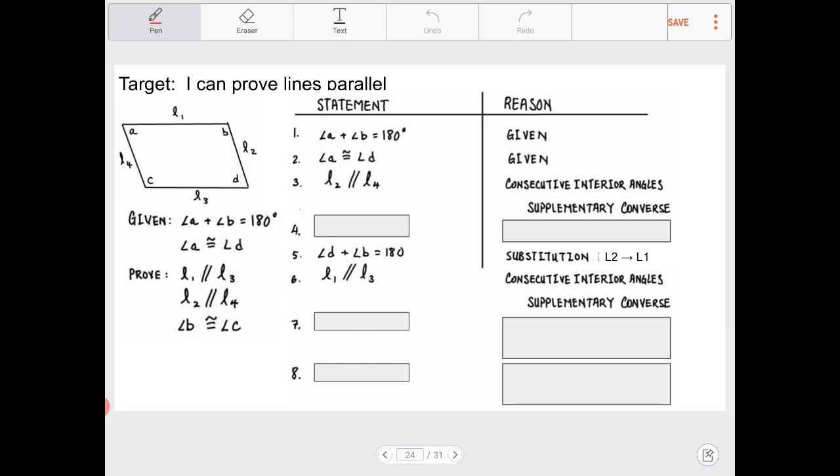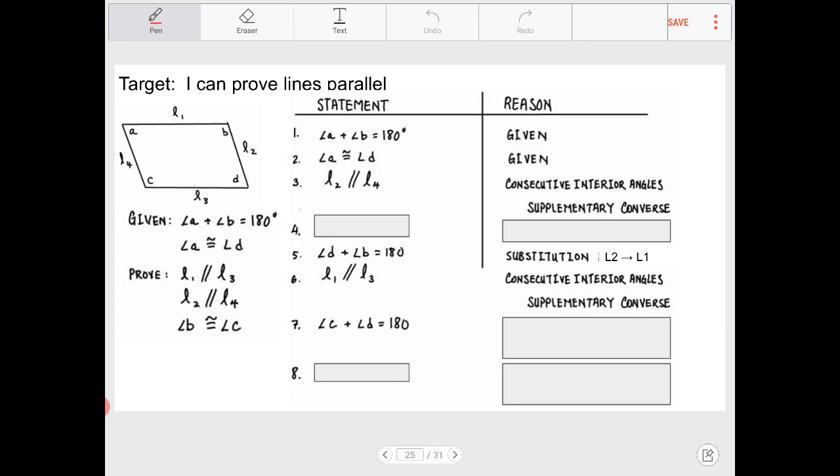Is it necessary for us to prove things in the order in which they're stated? It is not. So you can prove your statements in whichever order you'd like, as long as it follows a logical sequence. So now that I've proven the two lines parallel, the next logical statement that I can say is C and D are supplementary.